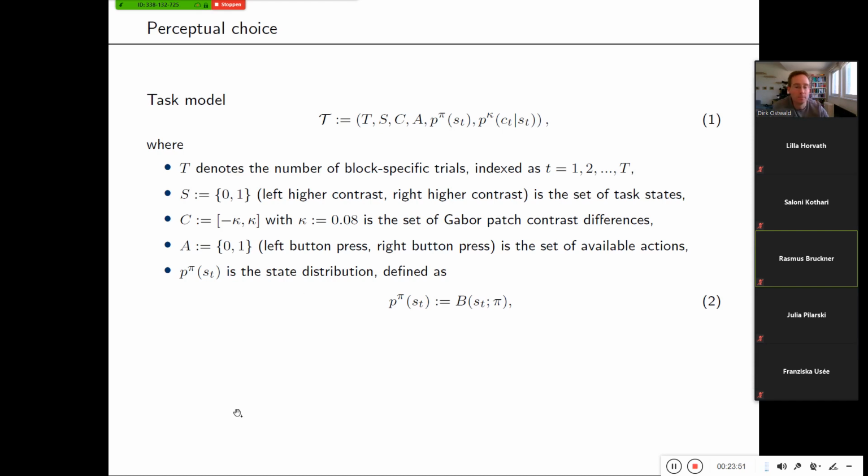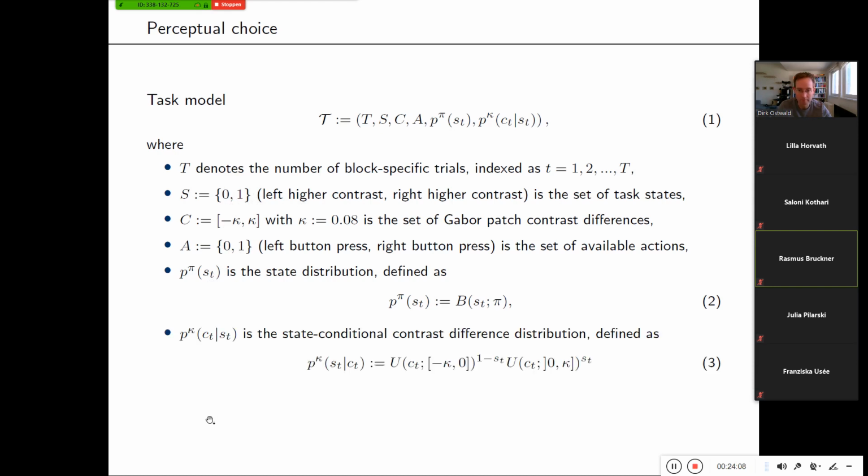It's a Bernoulli distribution, so essentially it just means on each trial there's a 0.5 probability that the contrast is higher on the left or higher on the right. And this ST is the state random variable.